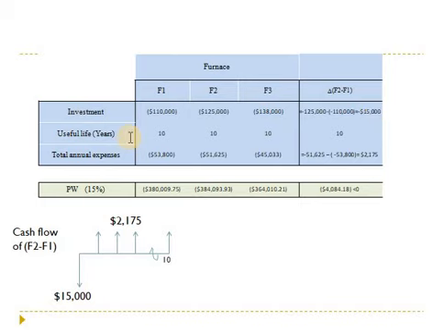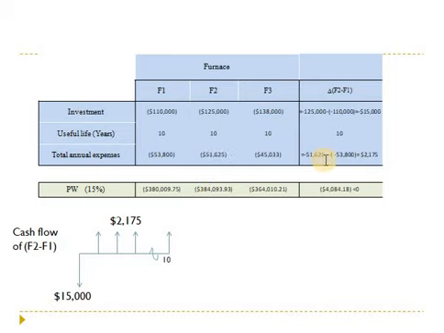Now, here we have the same useful life. The life of the alternative is 10 years. They are the same. The total annual expenses for F1 is 53,800. Here it's only expenses, so it's also negative. And for F2 it is minus 51,625.